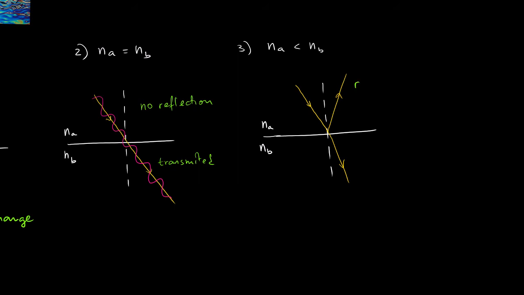This is our reflected ray, and it undergoes a phase shift of pi radians, or 180 degrees, or you could say a half cycle.